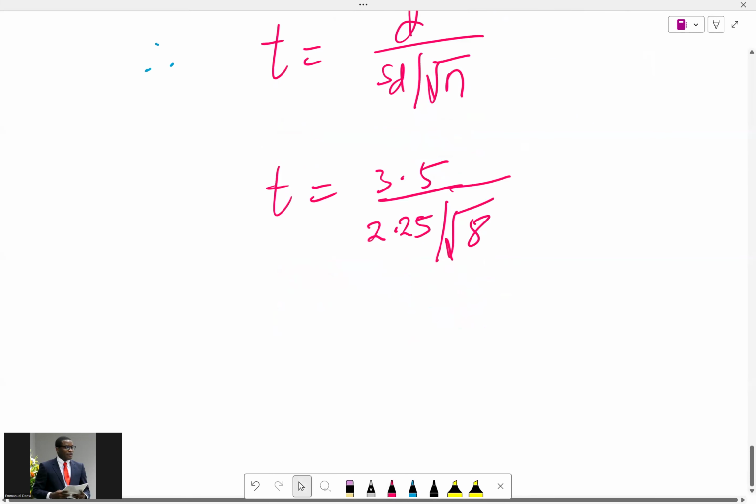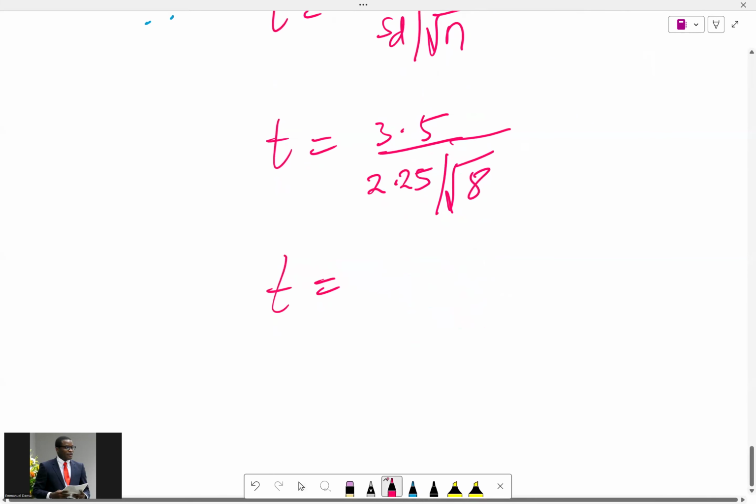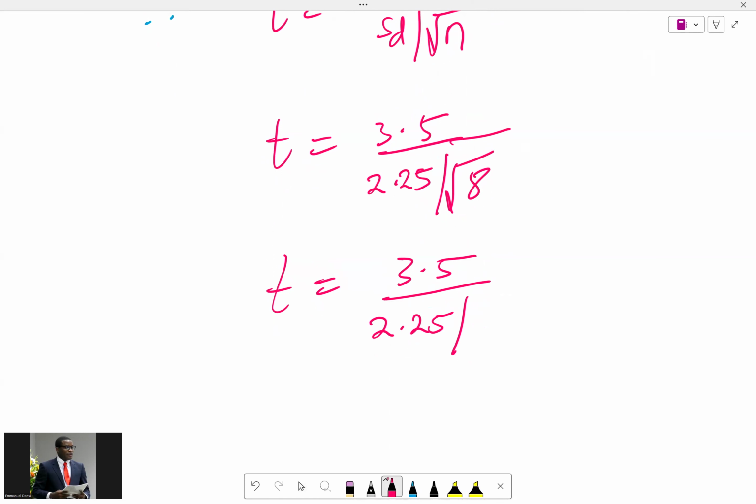Okay, so this is t equals 3.5 all over 2.25 divided by square root of 8, which should be 2 point something. So that's the square root of 8: 2.8284.